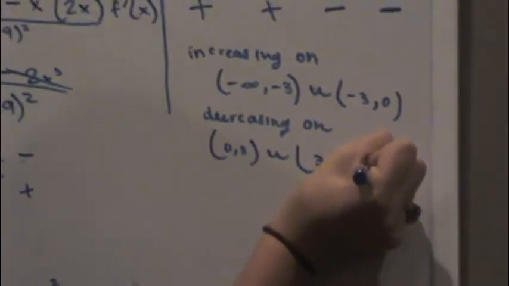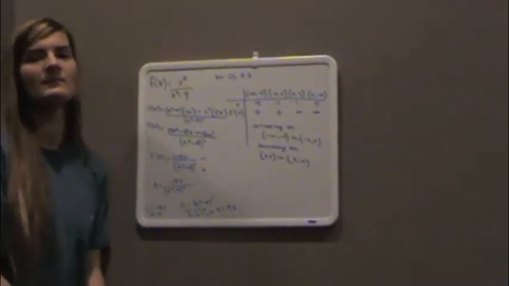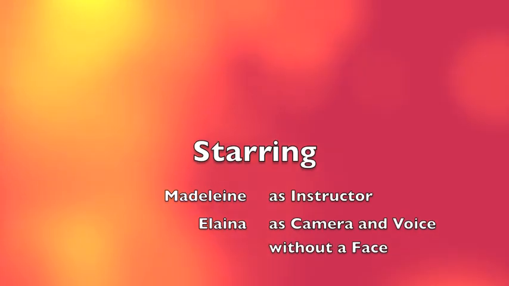And always remember to put the U in between your intervals because that connects them. Now this will be your final answer. And that's how you find increasing and decreasing regions.